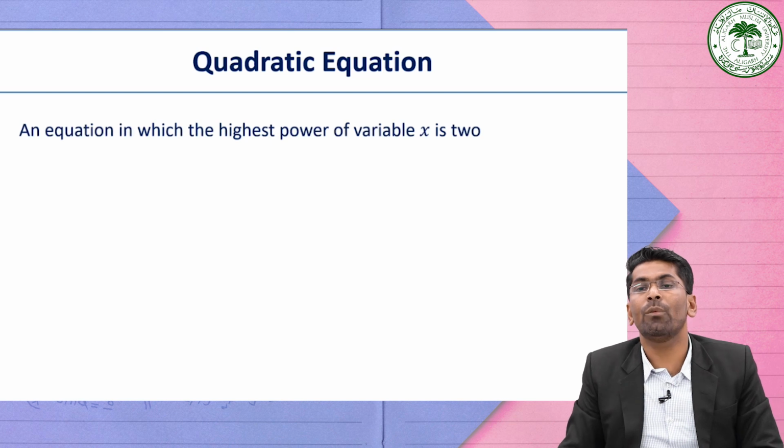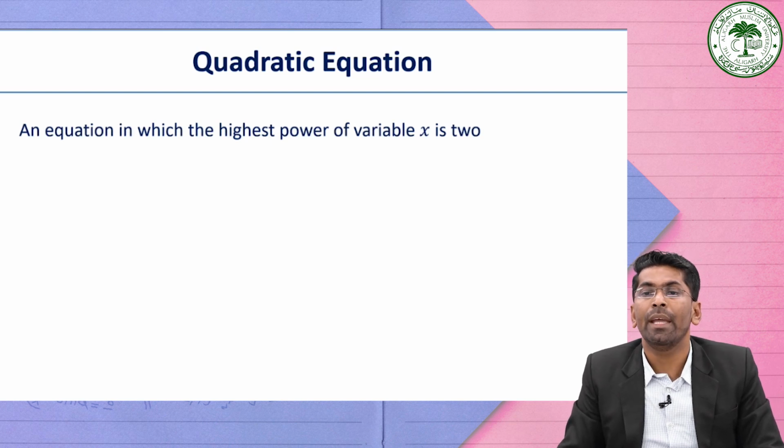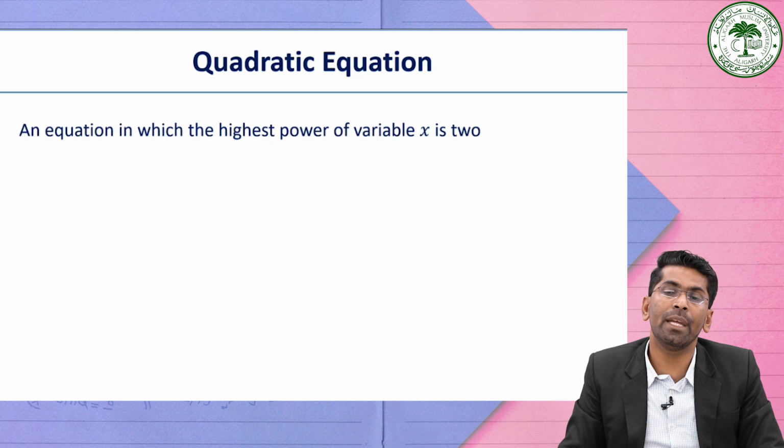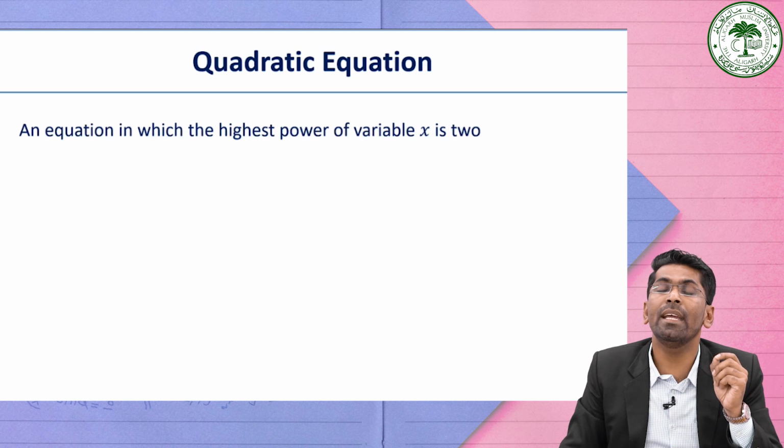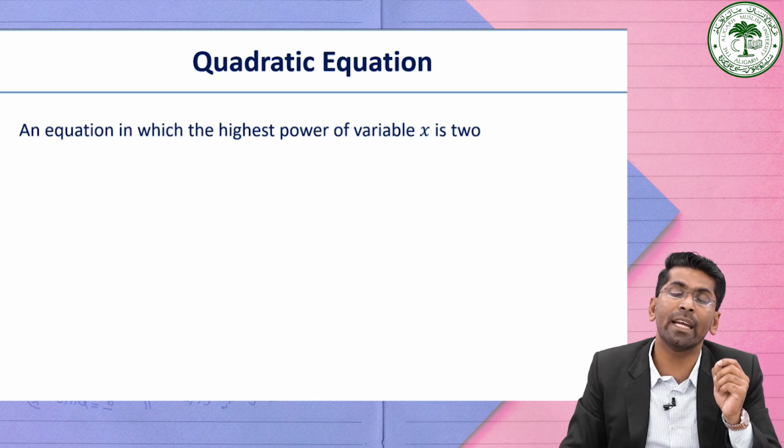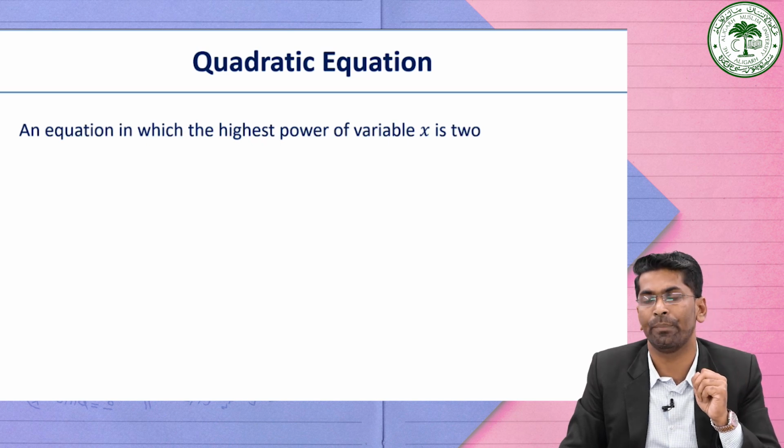See, the quadratic equation is an equation in which the highest power of the variable, for example x, or the unknown variable, is 2. It is generally called a quadratic equation of the second degree, or a second degree polynomial function.